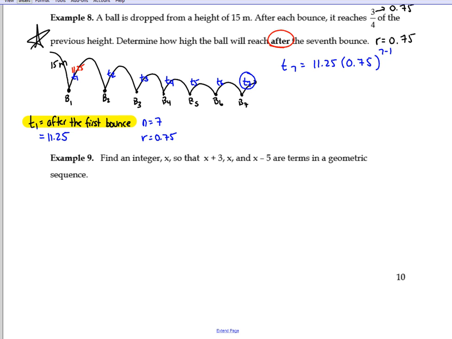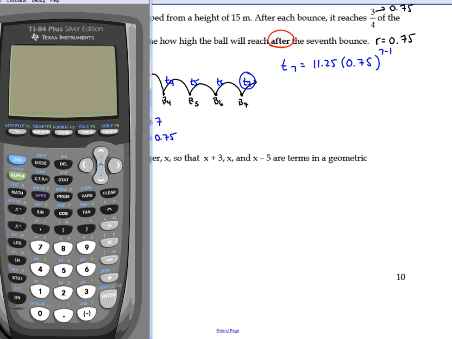So you want to get used to them. Let's type that in. You get 2.0022. Let's go to the nearest hundredth. Let's go is 2.00.